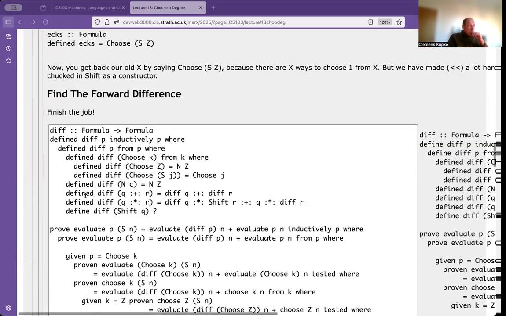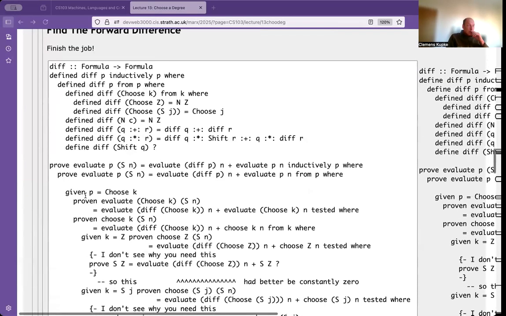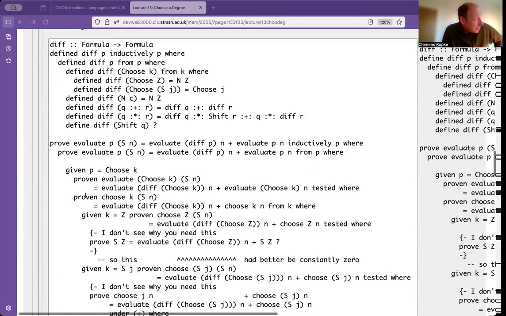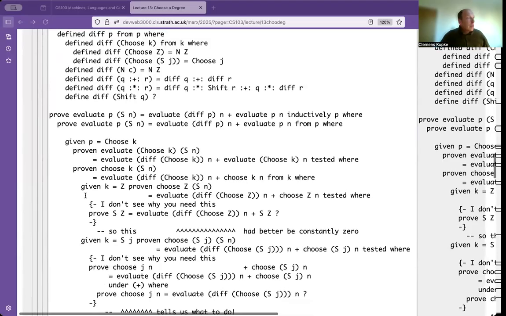And we did the interesting part of the new case. We waited to do the proof to see what the definition ought to be, and we realized that for choose k, we needed to split depending on whether k was 0 or more than 1.